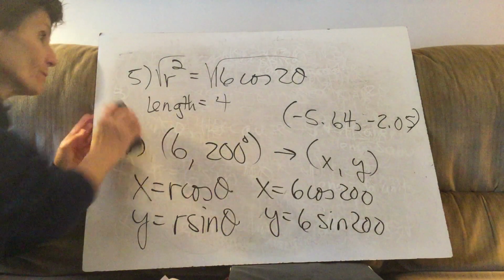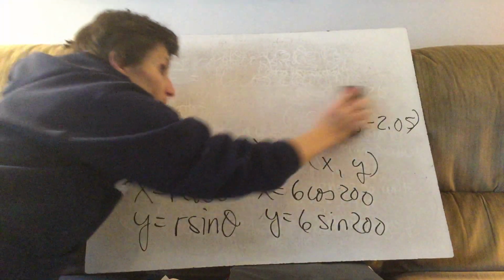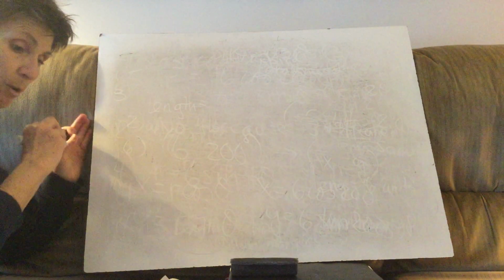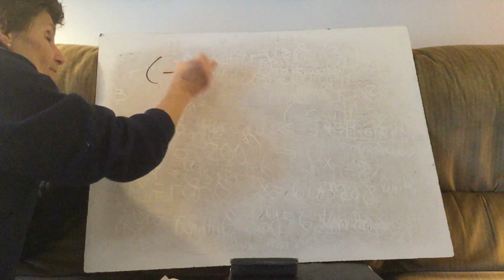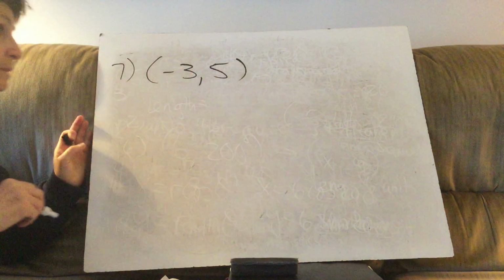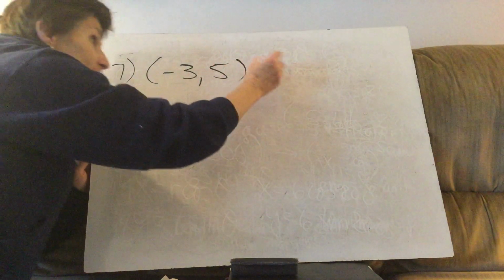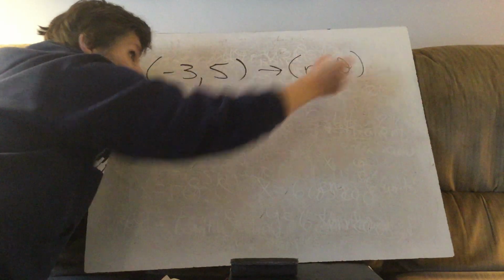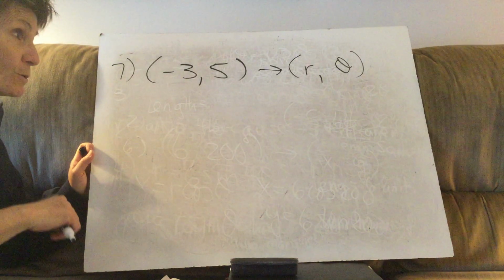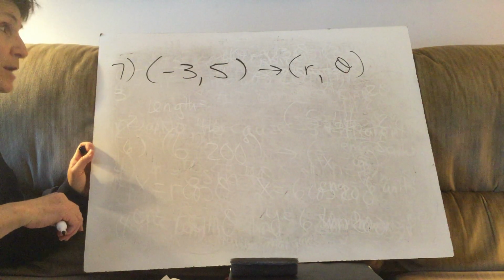Okay, so now we're going to do the opposite. Now we're going to find polar coordinates for (-3, 5). Okay, this is number 7. Now, that means we want to find r and we want to find theta. So in terms of vectors, what we did in the last unit, we want to find the magnitude and the direction angle.